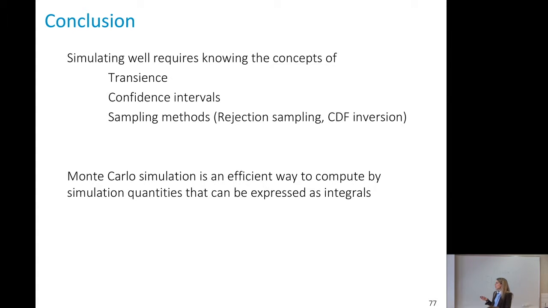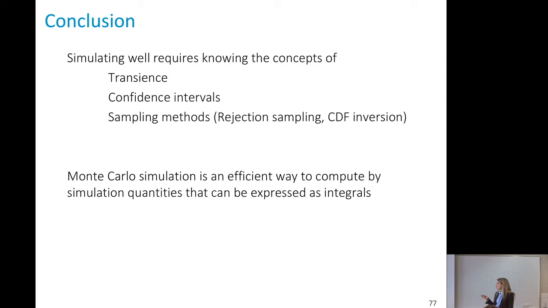Then, because the output of a simulation is random, we need to measure the accuracy, so we need to use confidence intervals. And we need to know how to sample from a distribution, and this is done by rejection sampling or CDF inversion. So between the two, if you can apply CDF inversion easily, it's better to apply CDF inversion because in one iteration you obtain a sample just with one computation.